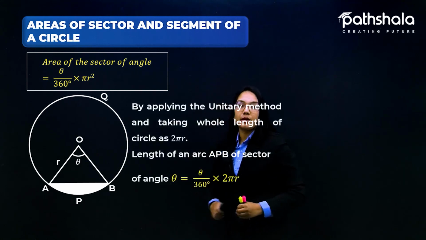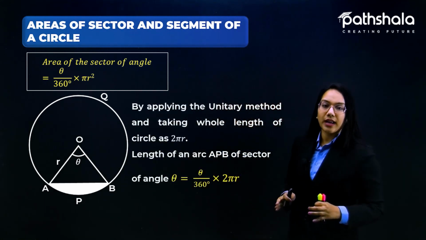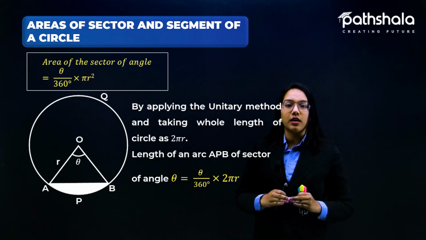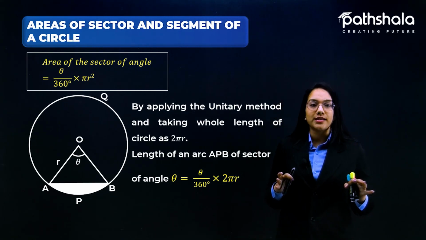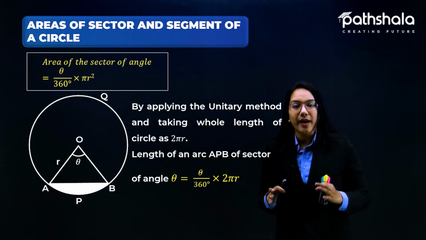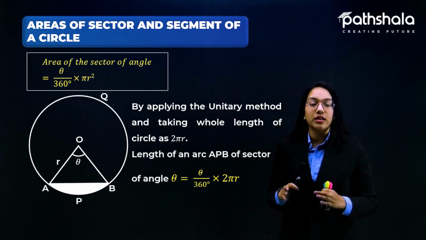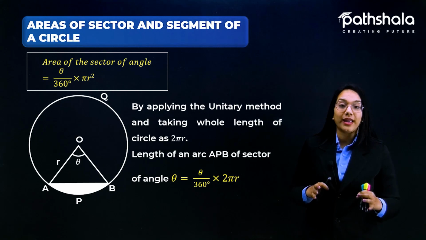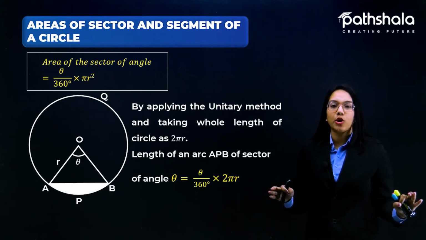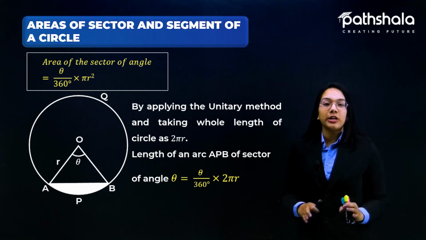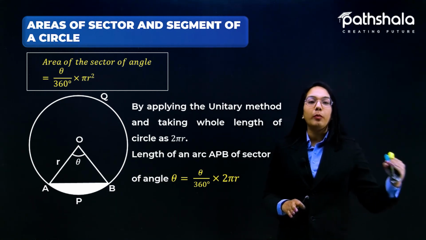By applying the unitary method and taking the whole length of the circle as 2 pi r, we can say that the length of the arc APB of the sector of angle theta should be theta by 360 into 2 pi r.